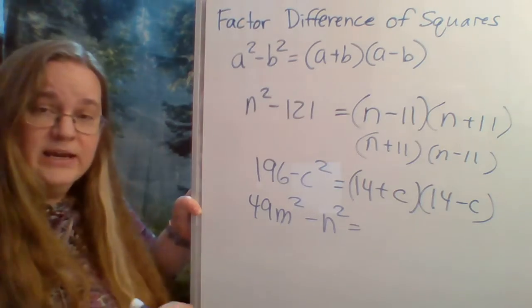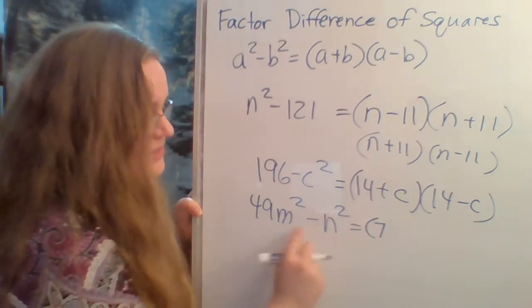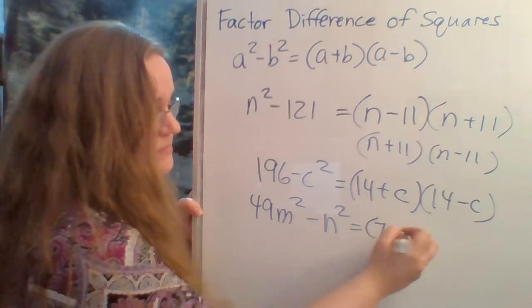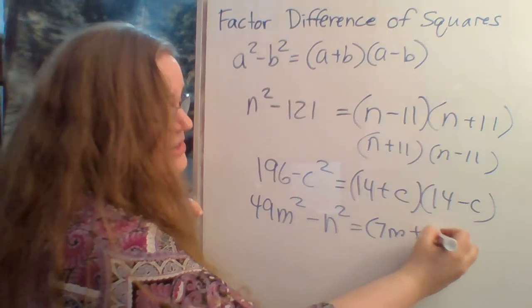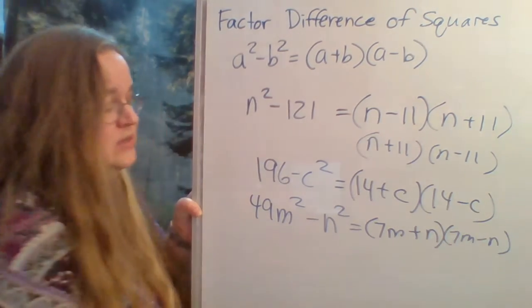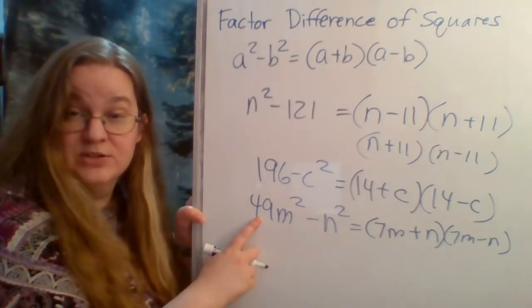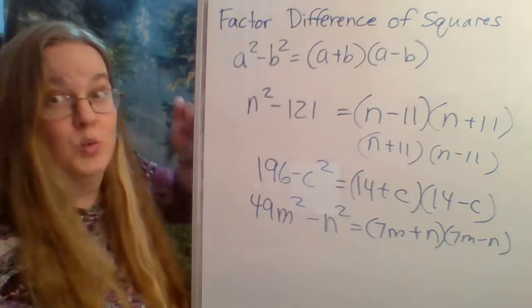Again, I'm going to do the same process. The square root of 49 is 7, and the square root of m squared is m. The square root of n squared is n. So 7m minus n. Again, you have to take the square root of the coefficient and the variable in order to make this work.